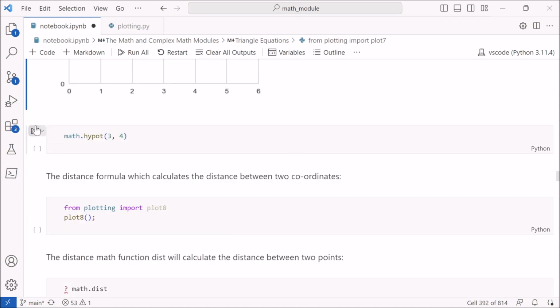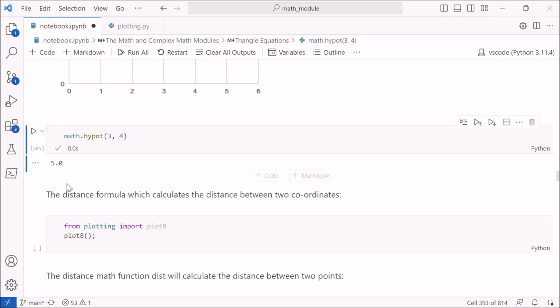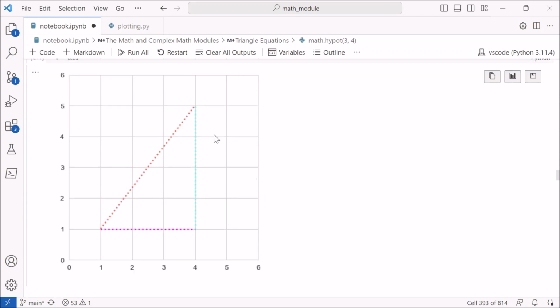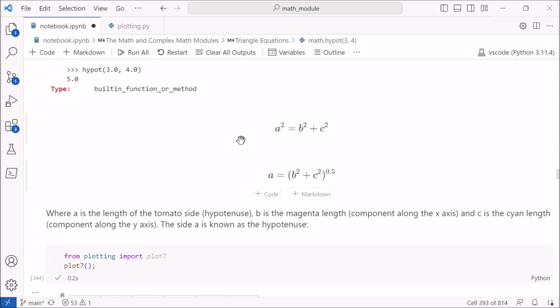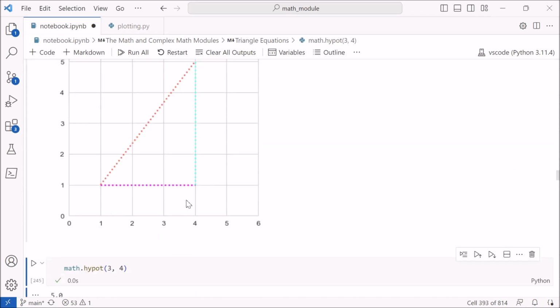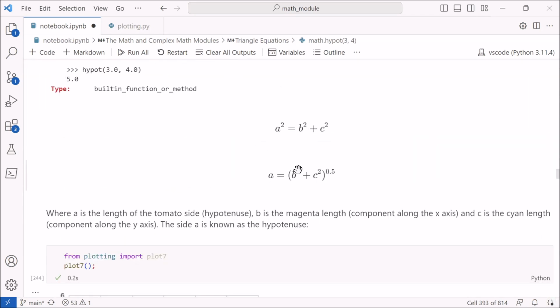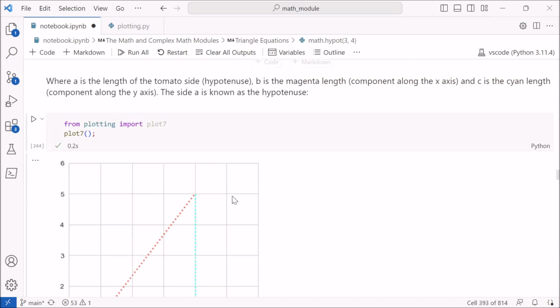So if we calculate this, we get the length of 5, because it's a 3, 4, 5 Pythagorean triple. So you've got 3 squared, which is 9, 4 squared, which is 16, and that's 25, and the square root of 25 is 5.